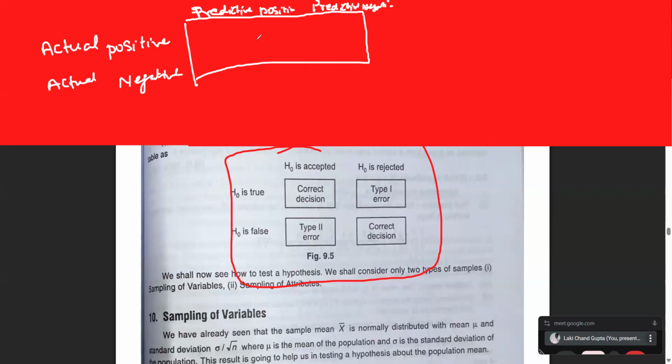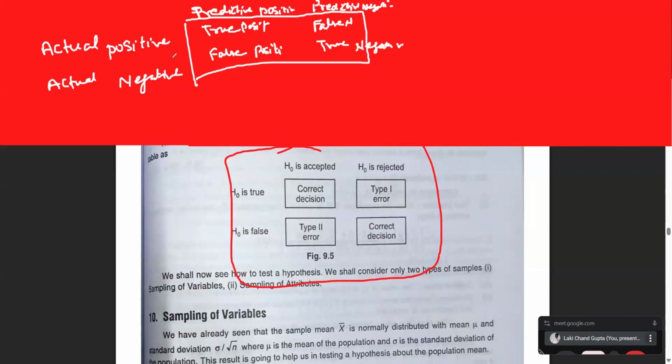This is true positive. This is false negative. This is false positive. This is true negative. That's why this is called confusion matrix.